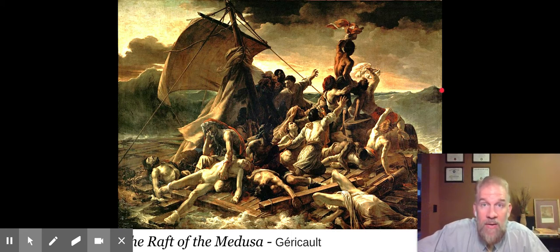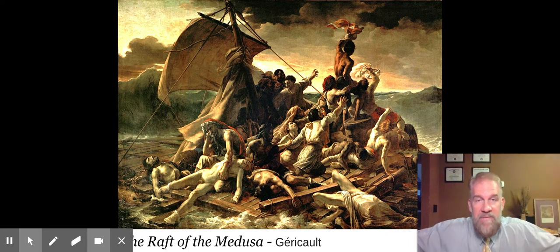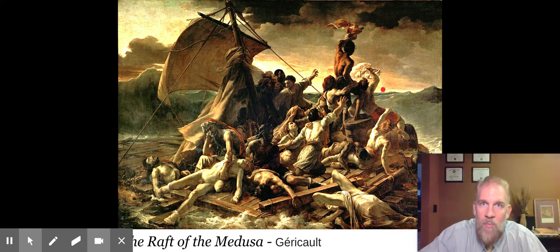And what you're seeing here in this instance is the members of the crew looking into the distance and seeing, desperately hoping this ship will spot them on the vast ocean and come rescue them. Man, that's serious. Now when you look at this painting, you can start to really appreciate what's happening here.